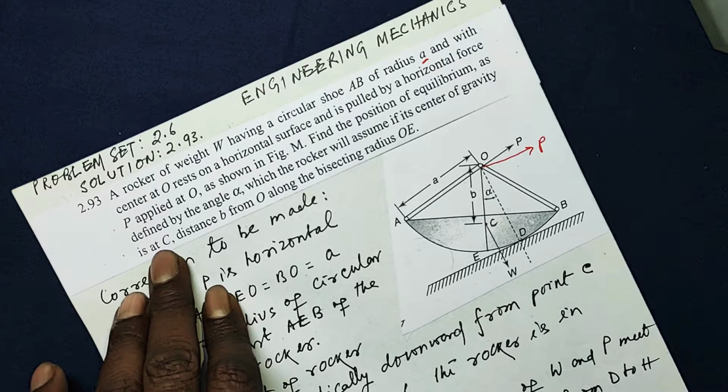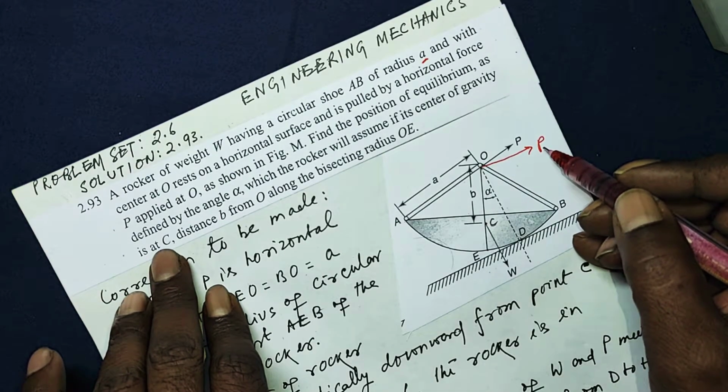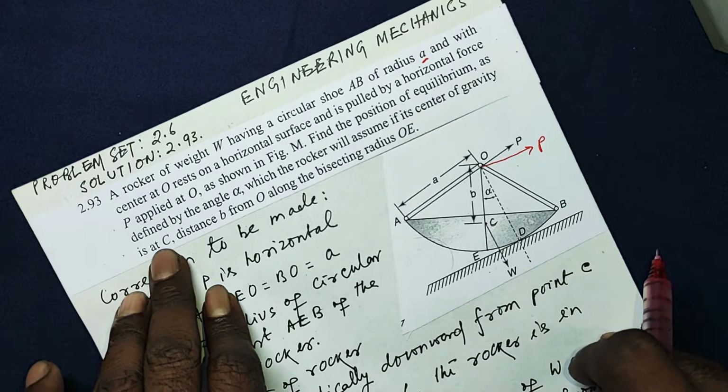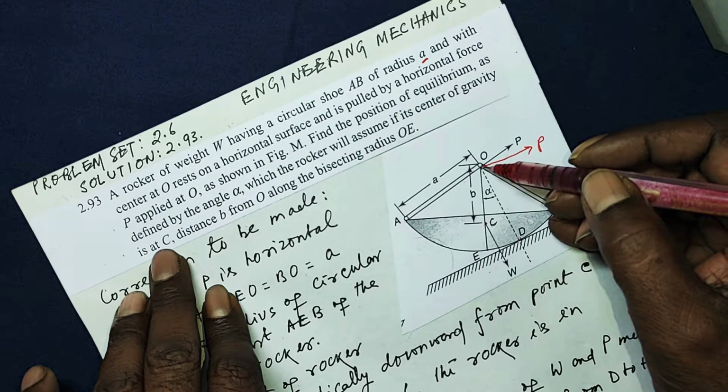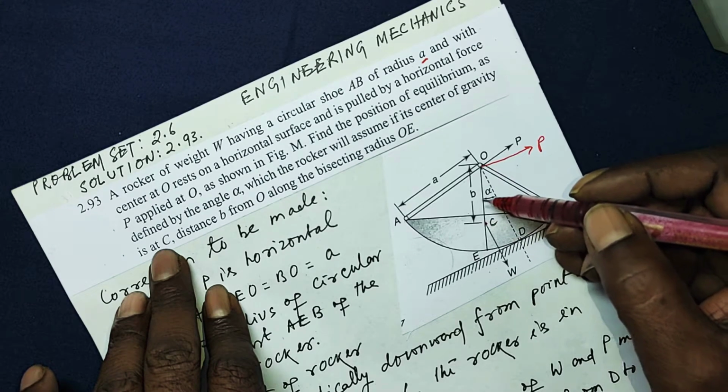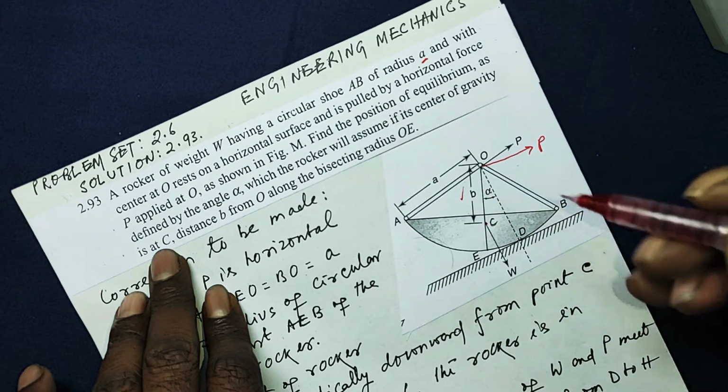like your applied force P, the radius a, and this length from this point to the center of gravity, which is given as b.